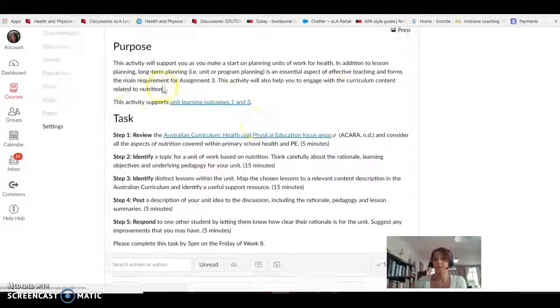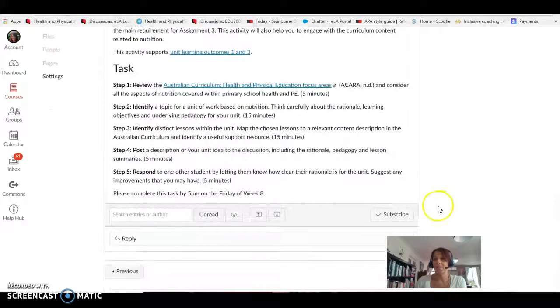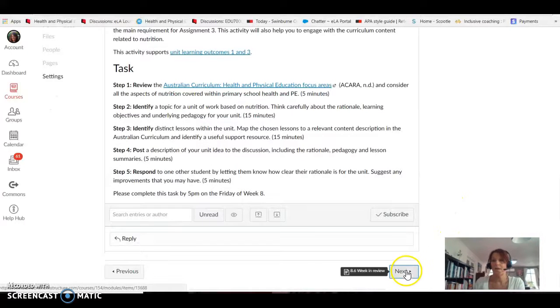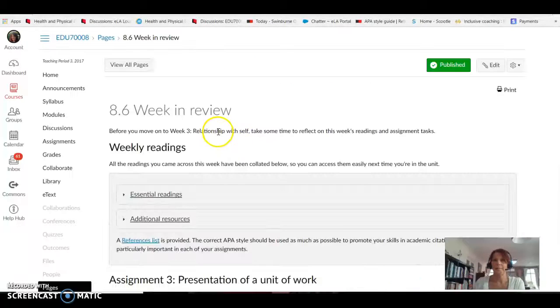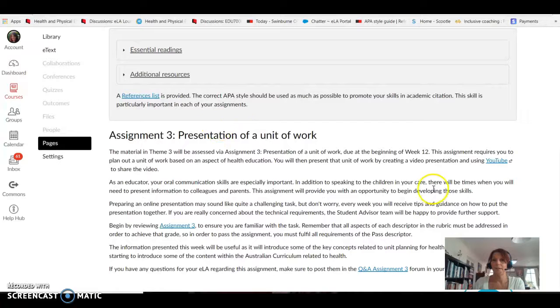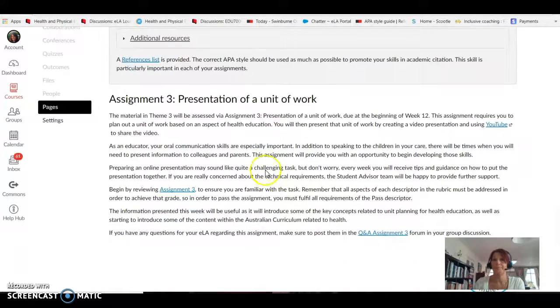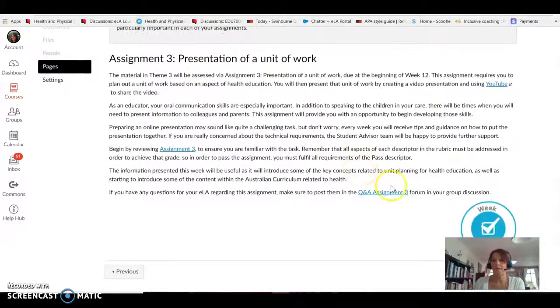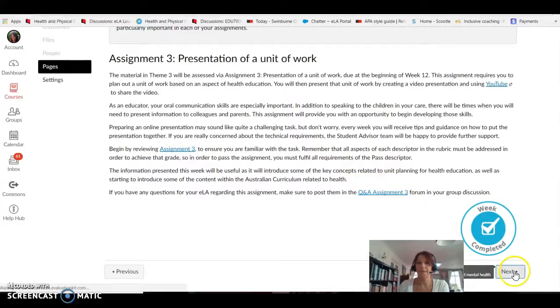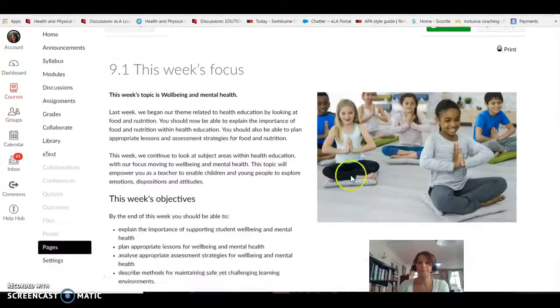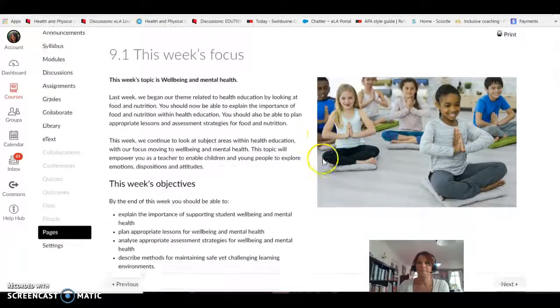And then when you do the activity, that's going to help you with your unit planning. And it would be wonderful to see more students engaging on the discussion forums because then we can share ideas. So here it talks about assignment 3 and gives you some tips.